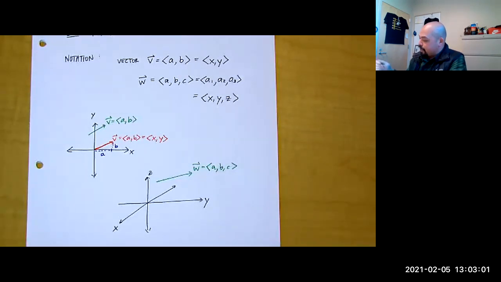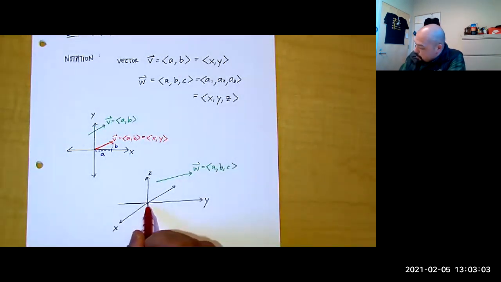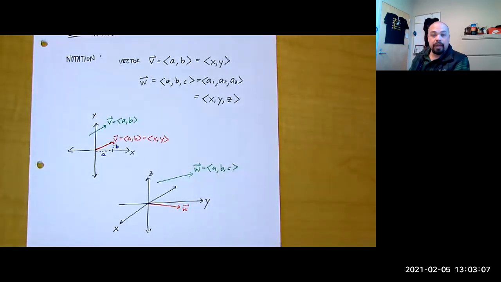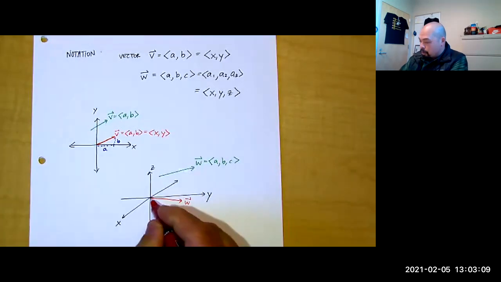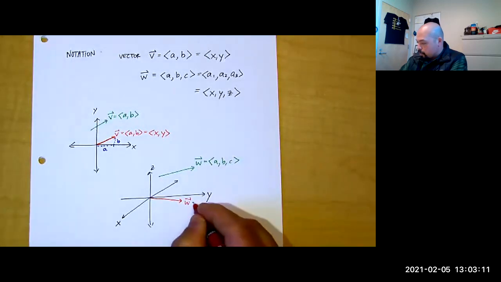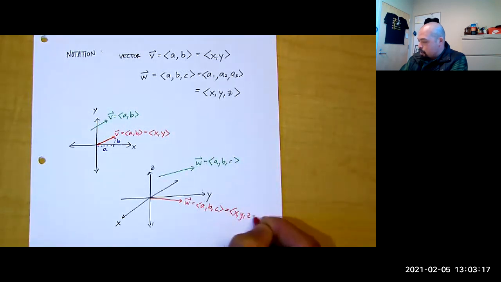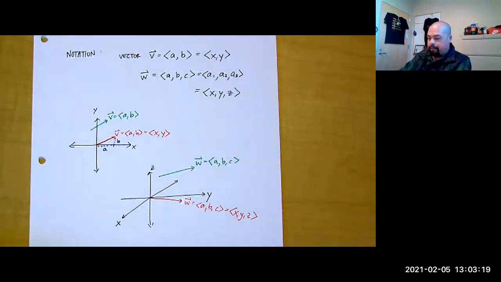We can have that vector living here with initial point at the origin, identifying those components, the A, B, and C: the X direction, Y direction, Z direction.